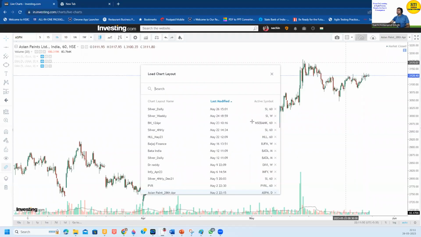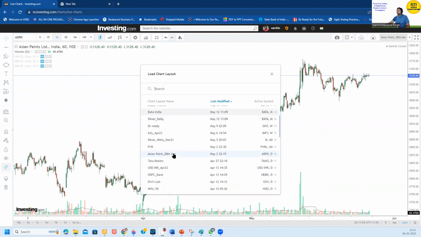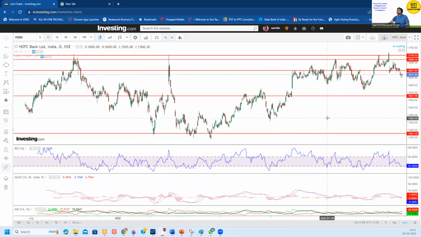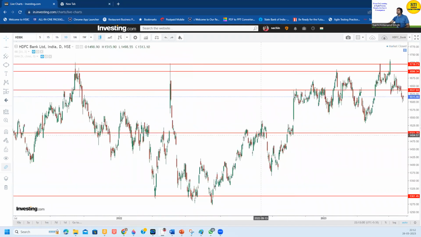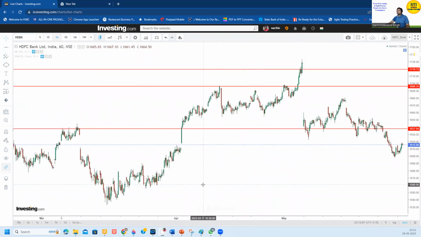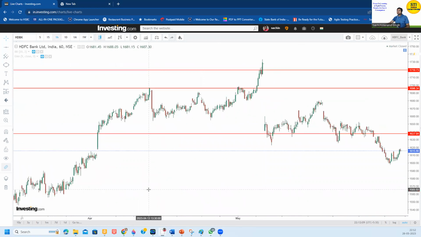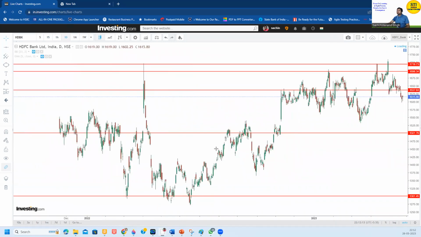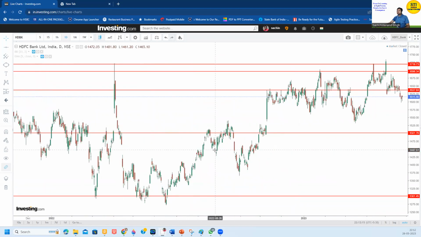Let me find a quick example so that it will help. Let's say SDFC Bank, daily time frame.